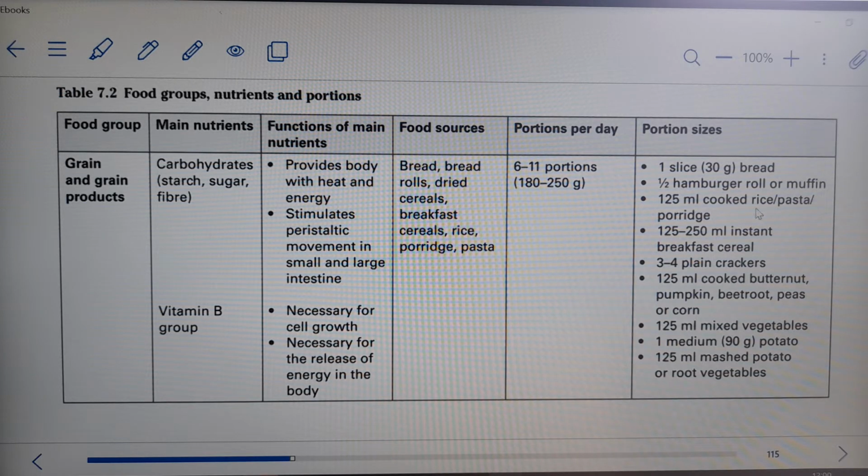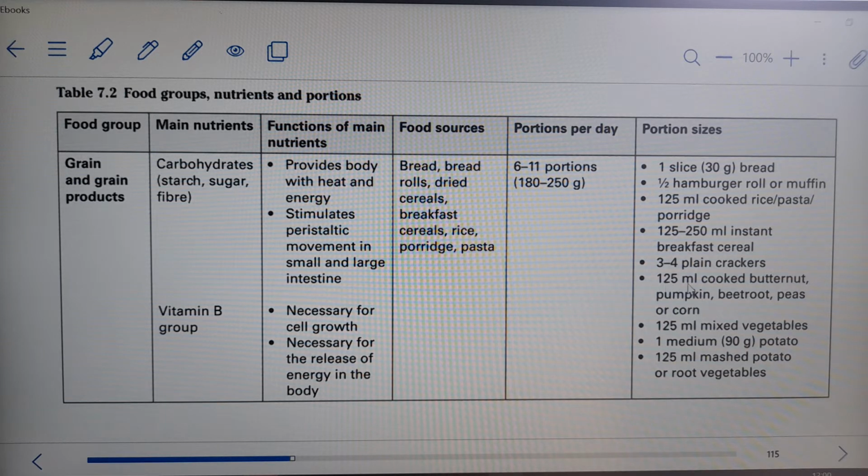Half a cup of rice is one portion, and half a cup to a cup of instant breakfast cereal is one portion. 3 to 4 crackers is one portion. You see your small crackers.